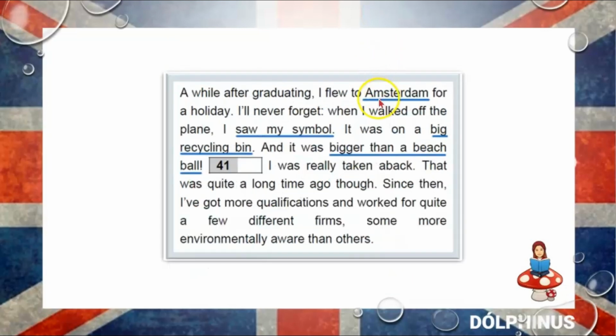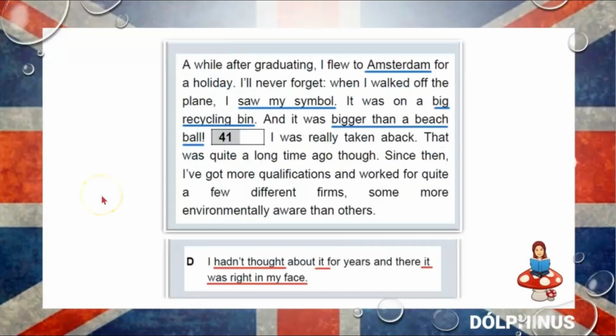In 41, he went to Amsterdam and there he saw his symbol. It was on a big recycling bin and it was bigger than a beach ball, and this is expressed with exclamation. This exclamation expresses surprise. Why is he surprised?